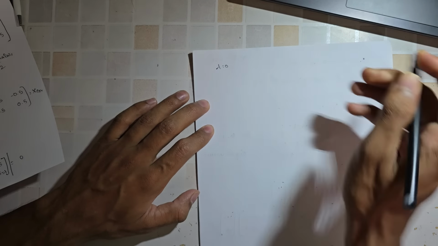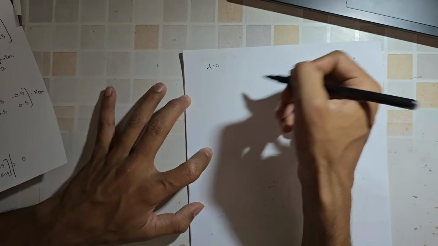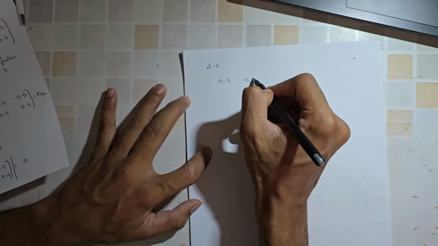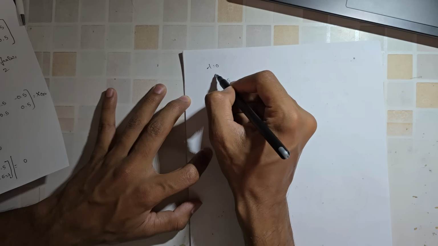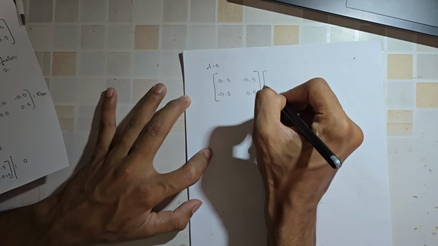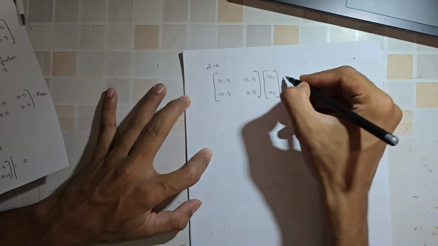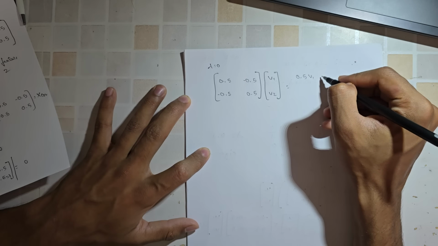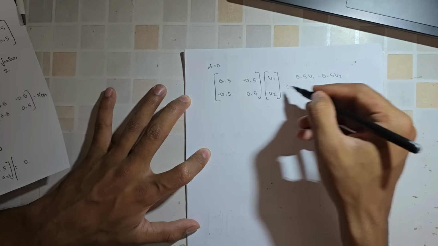When lambda is equals to 0, 0 into the identity matrix, whole thing becomes 0. So you will have directly 0.5 minus 0.5, here minus 0.5, and this 0.5 as it is, into directly you will do v1 v2. This will be equal to 0.5 v1, this is positive now, then minus 0.5 v2, same thing here.